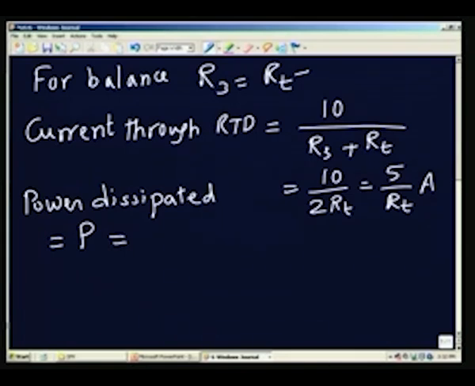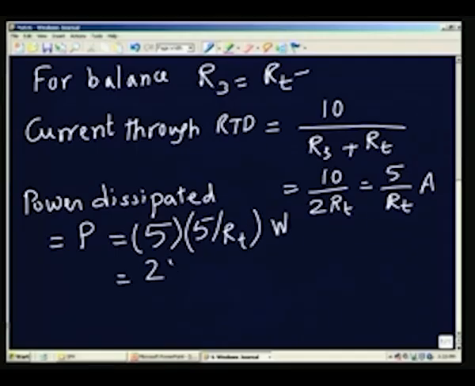When R3 equals RT, the potential difference of 10 volts is equally shared between the two resistances, and therefore 5 volts is the potential drop across the RTD. Therefore, P equals VI, 5 volts into 5 divided by RT, so many watts. This will be 25 by RT.